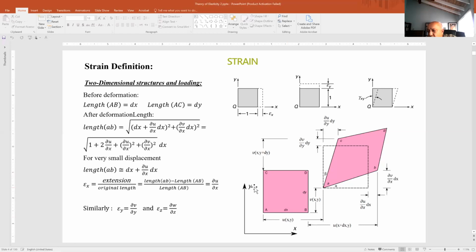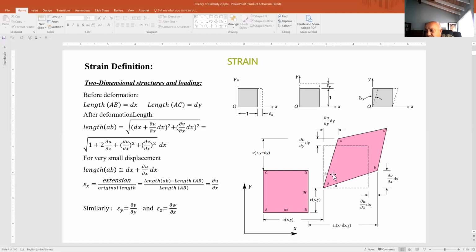Now that block is deforming due to the external loads into the shape shown on the right, which shows both deformation and displacement and change in shape. The rectangle becomes this trapezoid, whatever shape it is.